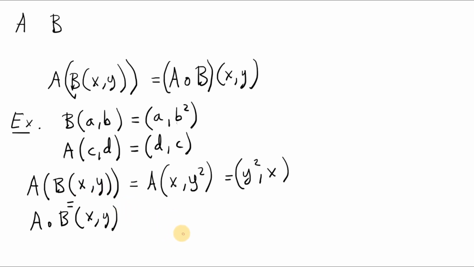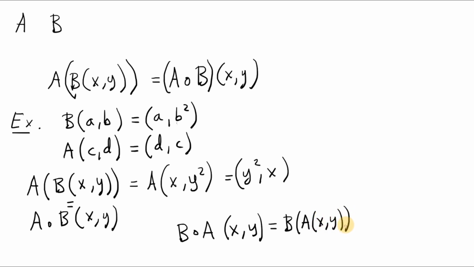Then we could of course do the opposite also. We can take first A and then B. What would we get then? First use A and then put that into B, like this. So if you first take A, we switch the coordinates. Then we get (y, x).